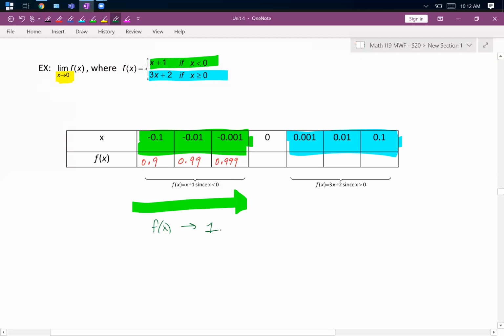And I will do the same thing on the other side. But remember, we're using this other function. We're going to be using 3x plus 2 to fill these ones in.